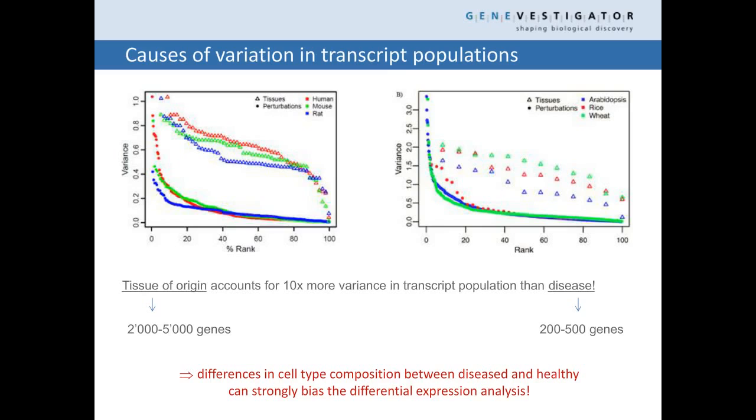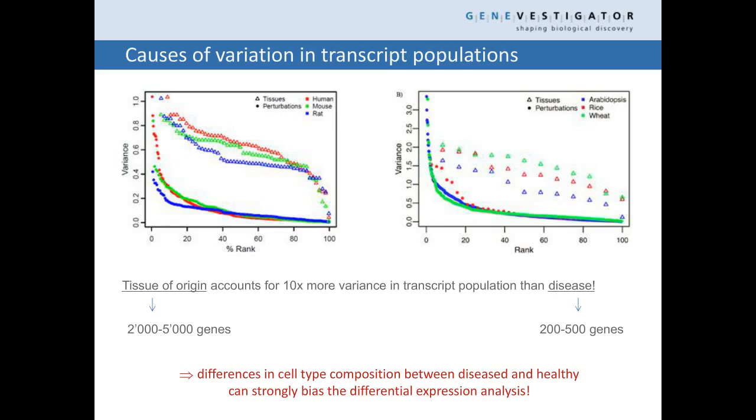And the evidence for this is what you see in this plot here on the top right, for plants, where we compared the variance that is caused in the transcriptome between a tissue and the average of all tissues on the one hand, and between a given disease and the healthy controls, or a given perturbation and the corresponding controls, which are down in the lower part of the plot.